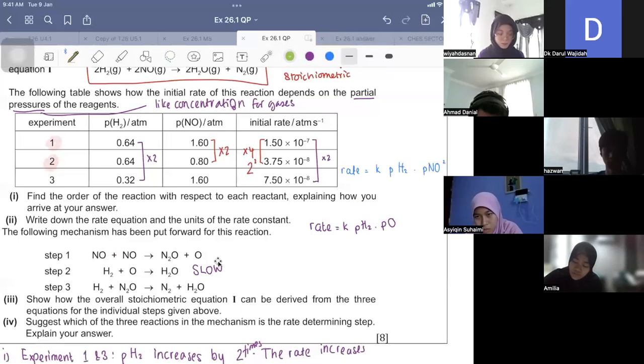The oxygen atom is an intermediate, so it cannot appear in the rate equation. But we know that the oxygen atom is made from 2 molecules of nitrogen monoxide, so actually rate equals k times the partial pressure of hydrogen times the partial pressure of NO squared. So that means step 2 must be the slow step.